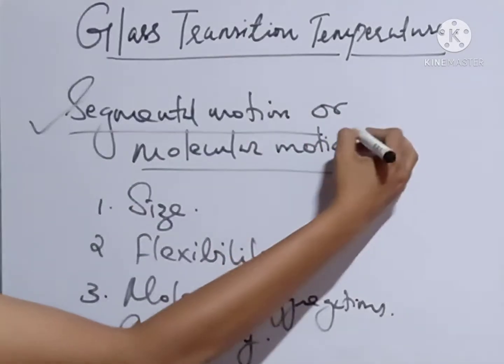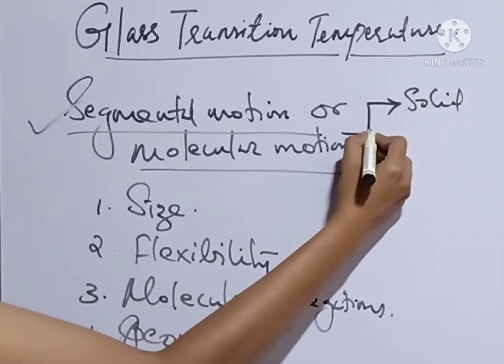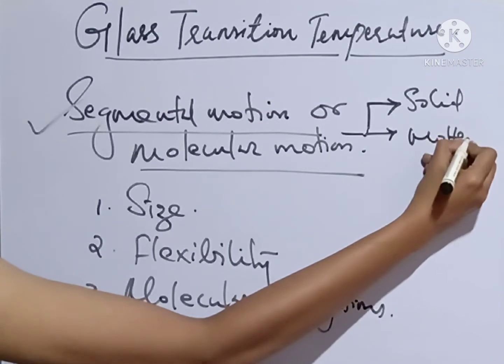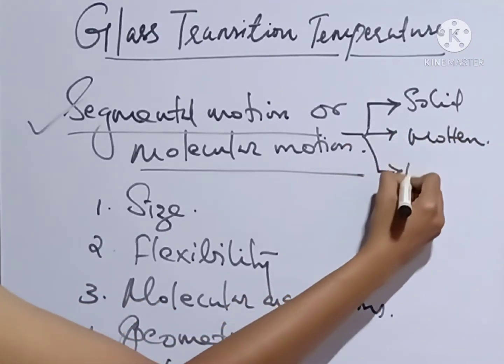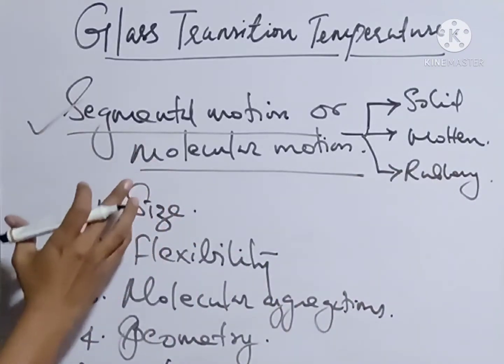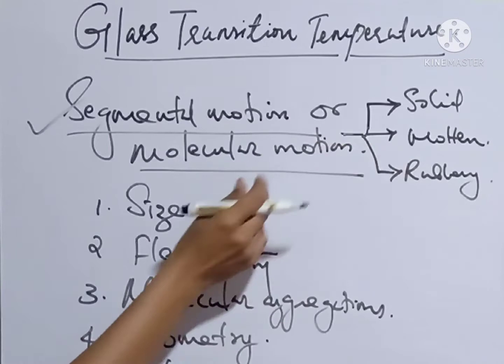Segmental motion decides whether the polymer exists in solid state, molten state or rubbery state. If the segments are moving very freely, then we can say it is in molten state.